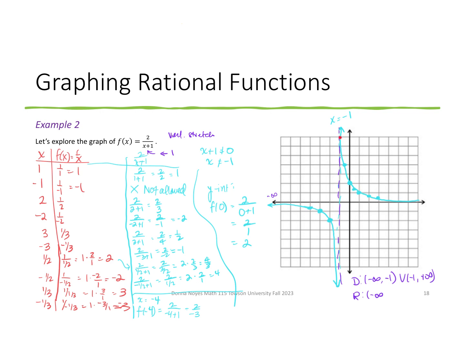Picks up at 0 again and goes up to infinity. So we find out here that our range is exactly the same as it was in the last problem. And again, this is because there's no value for x that you can plug in directly that would cause 2 over whatever value plus 1 to be 0.